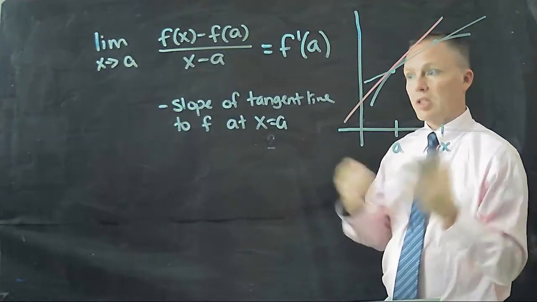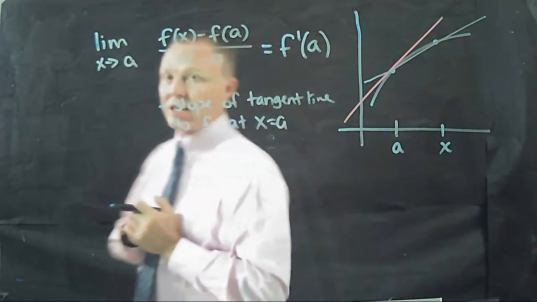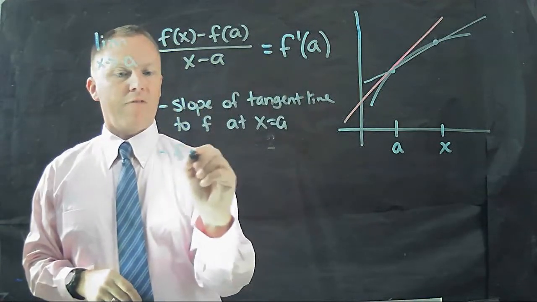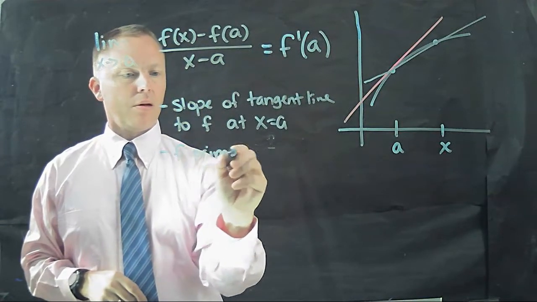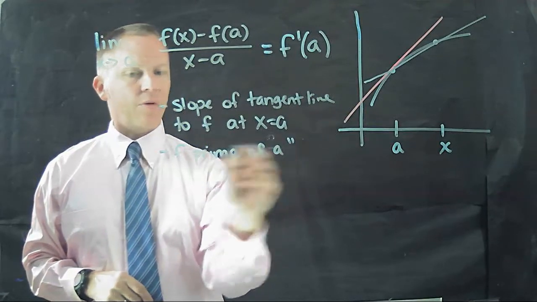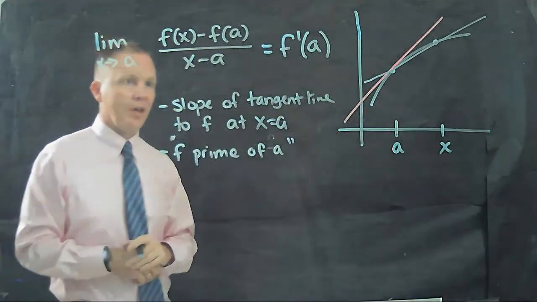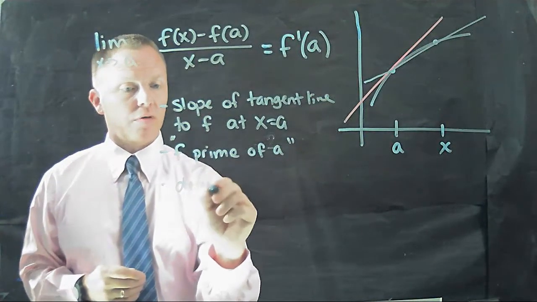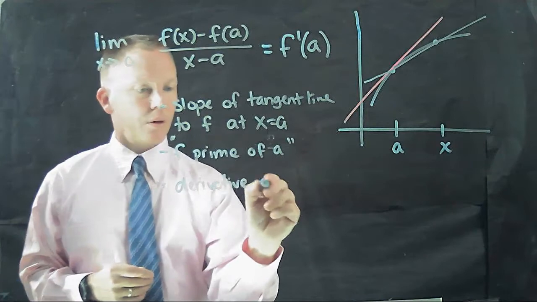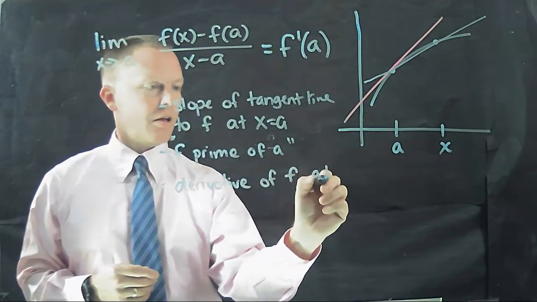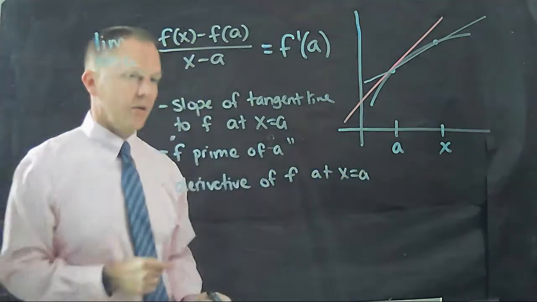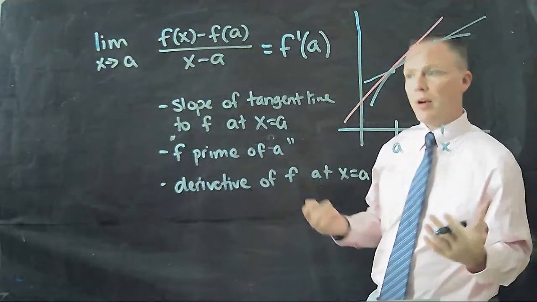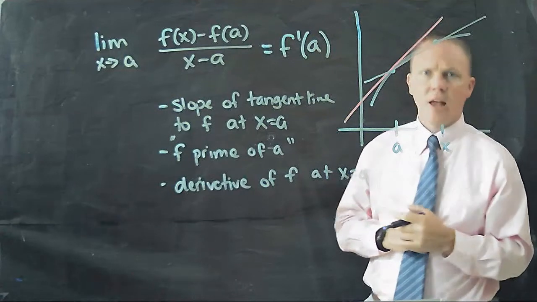We read that as f prime of a. It's what we call the derivative of f at x equals a. That's another way that we describe that quantity.